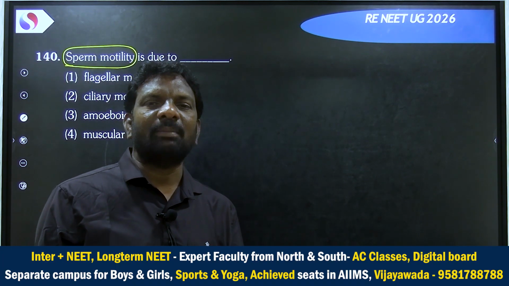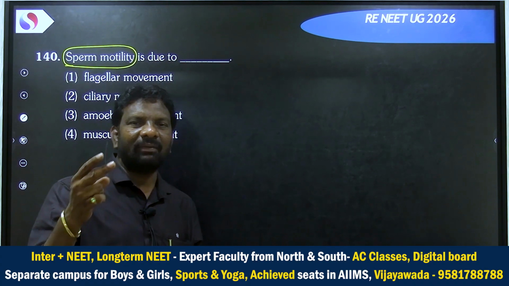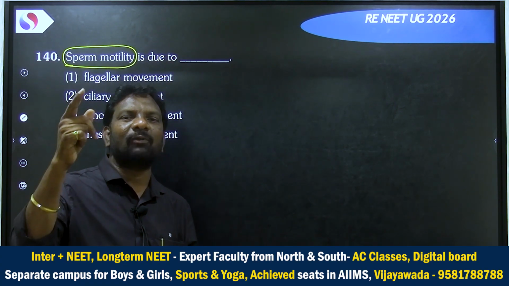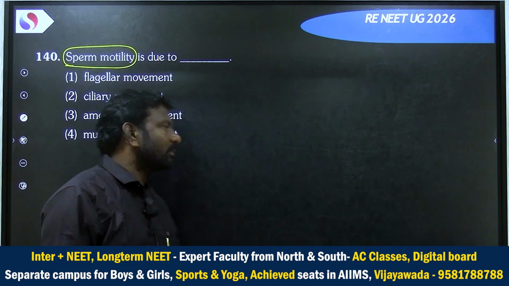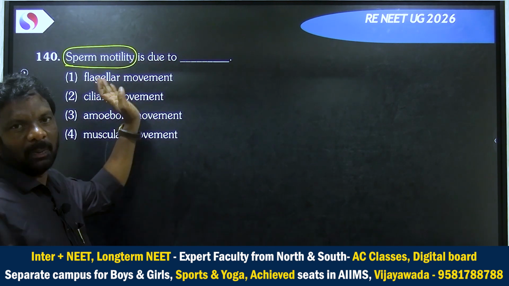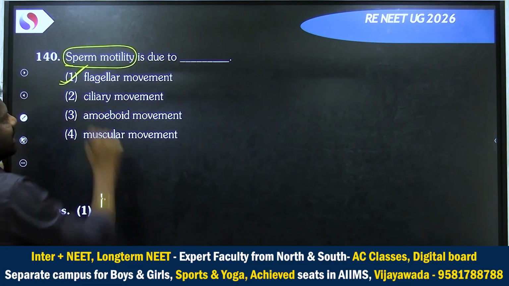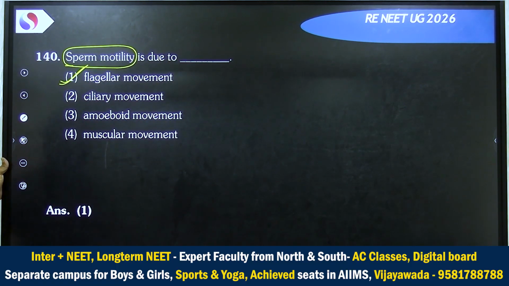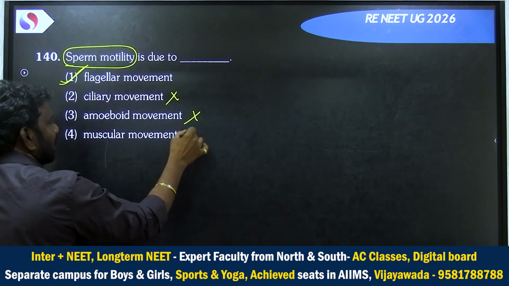Second, some unicellular organisms like Euglena have two types of flagella, one long flagellum and one short flagellum, useful for locomotion. And third, spermatozoa exhibit flagellar movement. That is the right answer, flagellar movement. So ciliary movement is wrong, amoeboid movement is wrong, muscular movement is wrong.